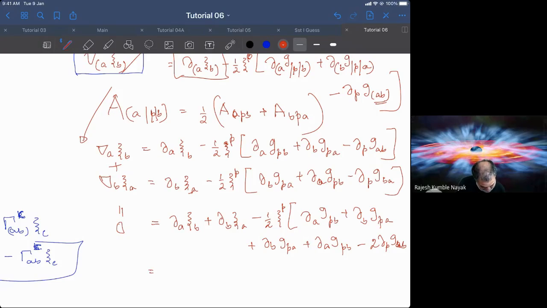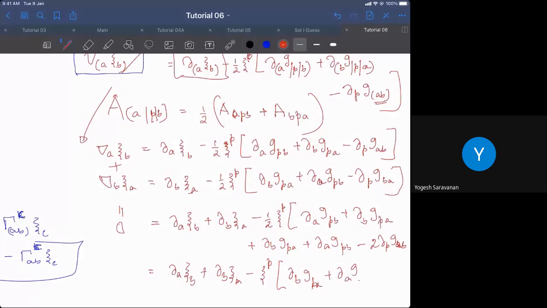Same thing. So you have G_A xi_B plus G_B xi_A, simply not plus, here minus, times xi_P into G_PA plus G_PB. What is the next term? D_A G_PB.